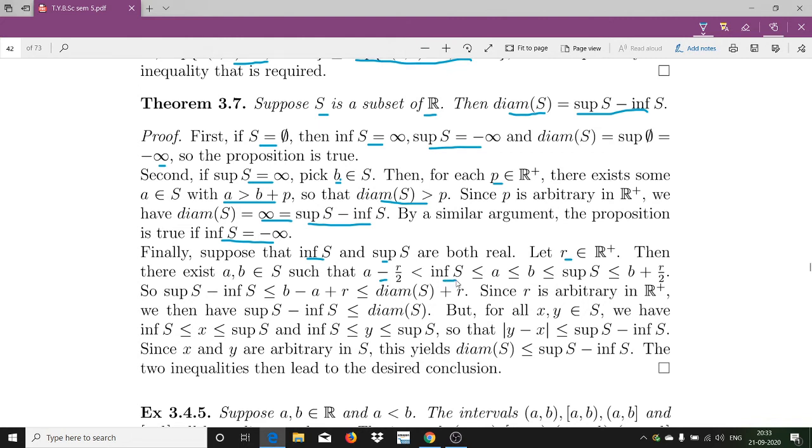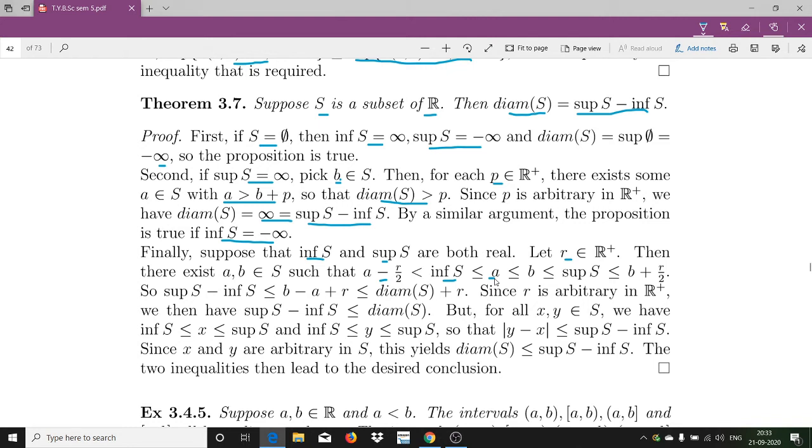And the infimum of S is a lower bound for your set S, the greatest lower bound in fact. So it will be less than or equal to a, because a is a member of your set S. Now by the definition of supremum, if you subtract any small quantity from the supremum, it will not remain an upper bound.